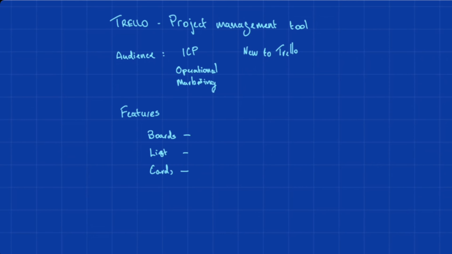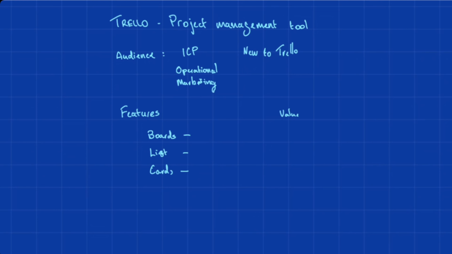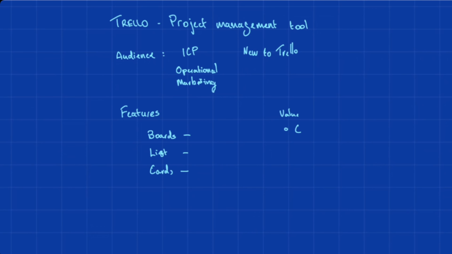Now, how are we going to actually demonstrate how these things work, and how are we going to convey the power of Trello? So then we want to think about what are our value propositions, our unique selling points of the application. So from my perspective, it's collaboration.